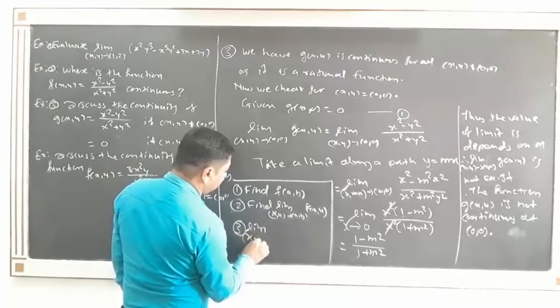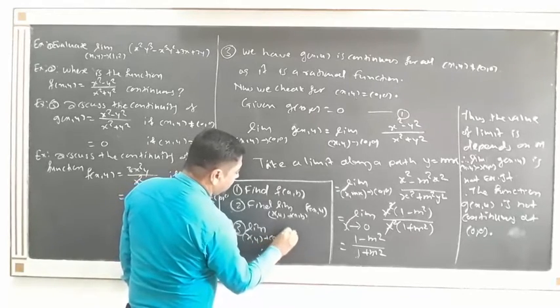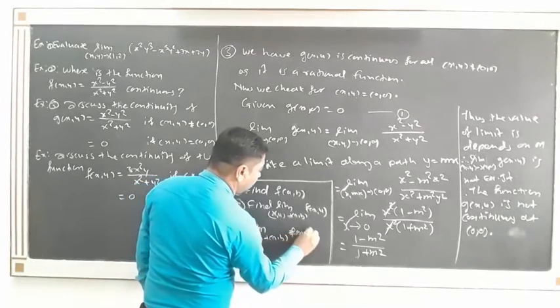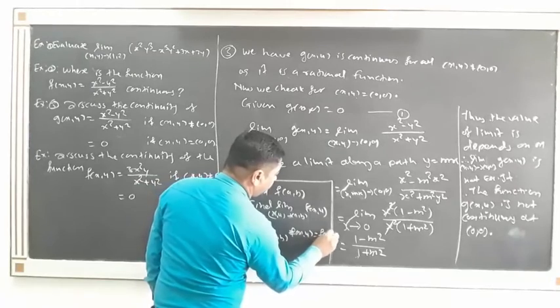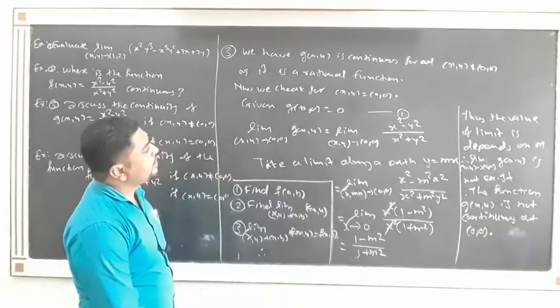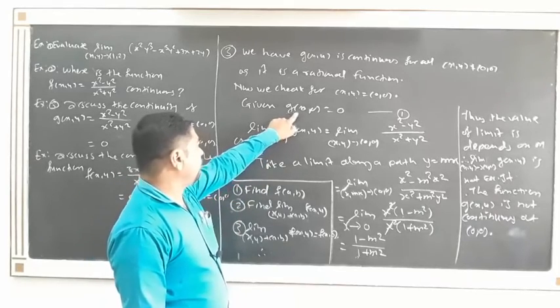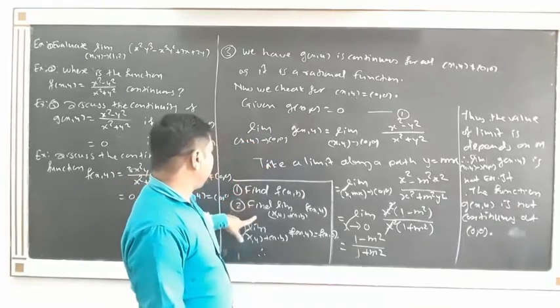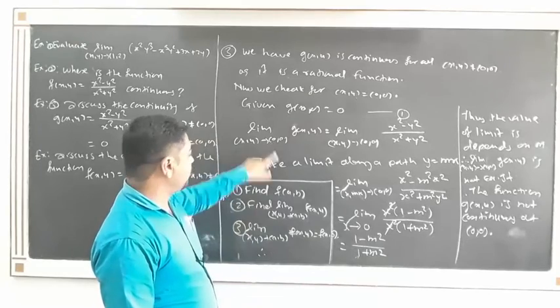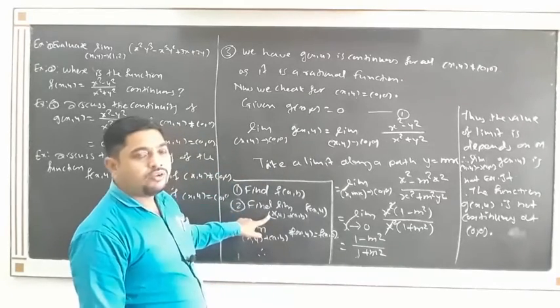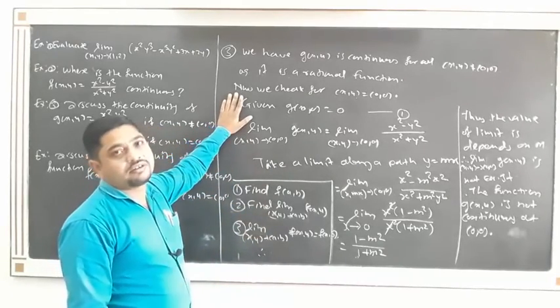So in this case, we found the function value at 0, 0, then we tried to find the second one, but this does not exist, therefore we can say that this function is discontinuous.